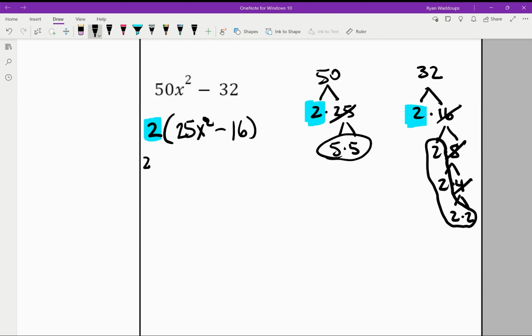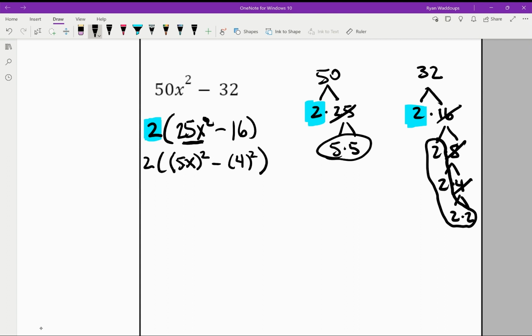And so then I have 2 times, and I asked myself, what do I multiply by itself to get 25x squared? So I can figure out my a value, and that would be 5x. 5x times 5x is 25x squared. And then I've got minus 4 squared, because 4 times 4 is 16.